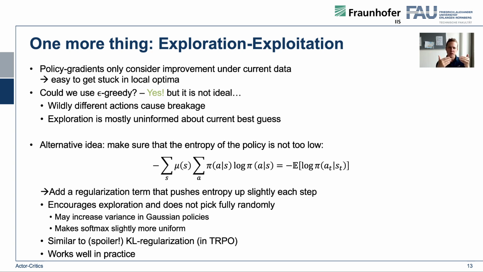This is also something that you do with the Kullback-Leibler divergence regularization in TRPO, which we will see in upcoming videos, and it works really well in practice. So this is how you deal with exploration in policy-based RL if you want to do it.